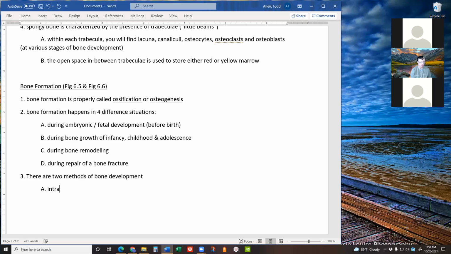Intramembranous ossification. In this process, bones are formed directly in the mesenchymal layer of cells. So remember, the mesenchyme is a primitive embryonic type of connective tissue stem cell.